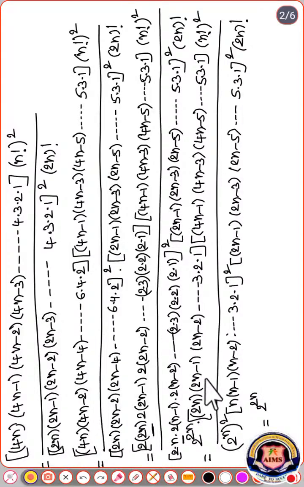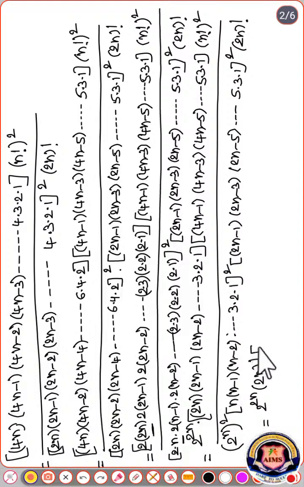After that 2n, 2n minus 1, 2n minus 2 and so on, 3, 2, 1, the big number is 2n, factorial. We will write it. 5 factorial means 5 into 4 into 3 into 2 into 1, we will write like that. So 2n, 2n minus 1, 2n minus 2 and so on, 3, 2, 1 can be written as 2n factorial.